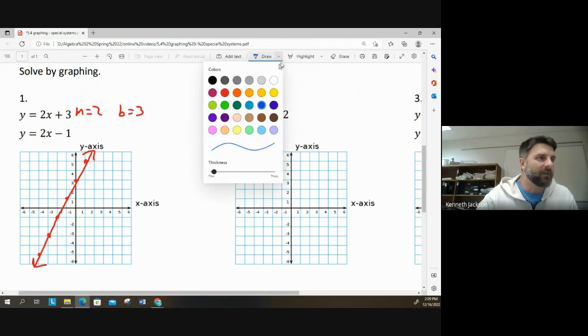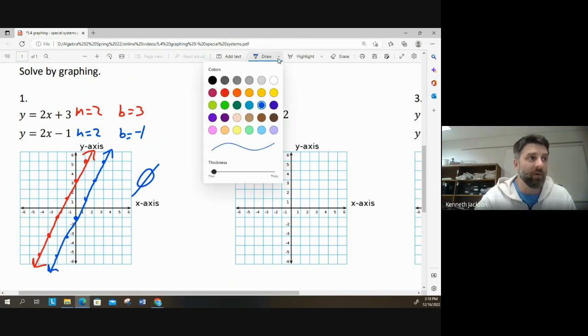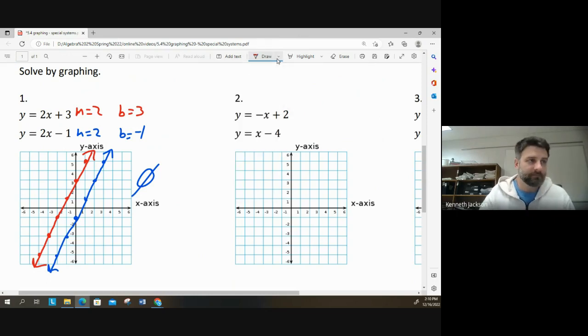If I pick a different color and graph the bottom line, again, slope is 2, y-intercept is negative 1. So my first point is down here at negative 1. And I use my slope of up 2 over 1, or down 2 and left 1. Again, I'm trying to find where these two lines cross. Well, they don't. They don't cross, which means there is no solution. They don't share a point where the two lines cross.